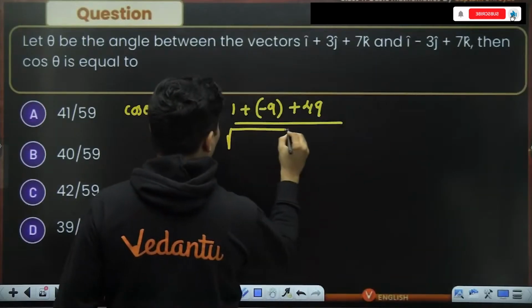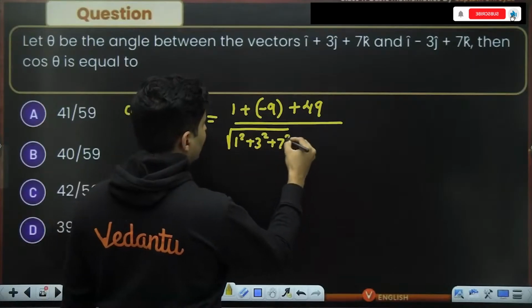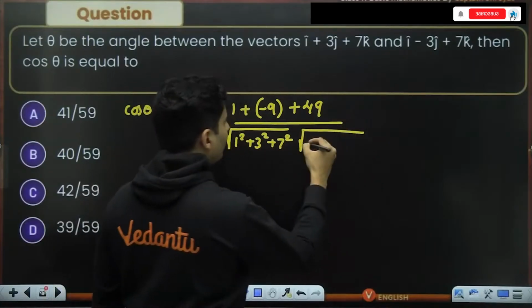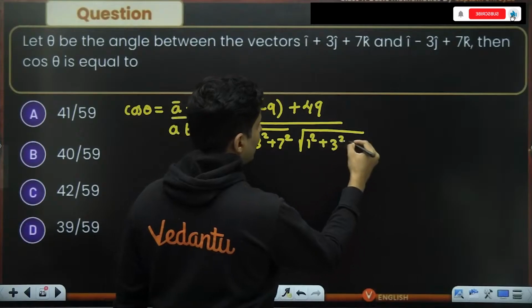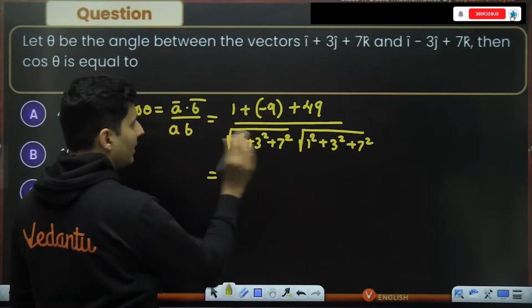Check it out. It will be root of 1 square plus 3 square plus 7 square into, again, 1 square plus 3 square plus 7 square for the vector B. Okay, everyone?